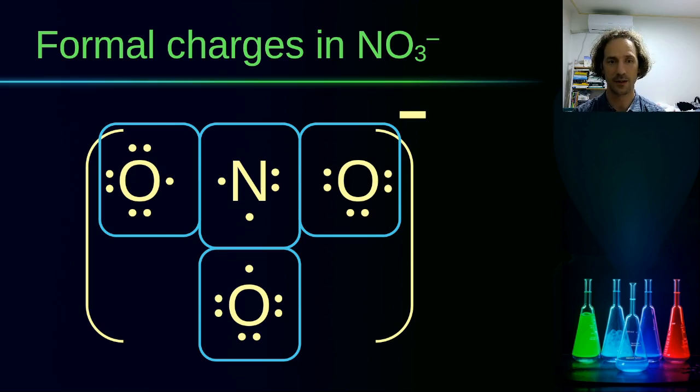First we look at the oxygen on the right-hand side. Oxygen has 6 valence electrons in its atomic form, and here in this polyatomic ion it also has 6 electrons, so it did not gain or lose any electrons, and its formal charge is 0.